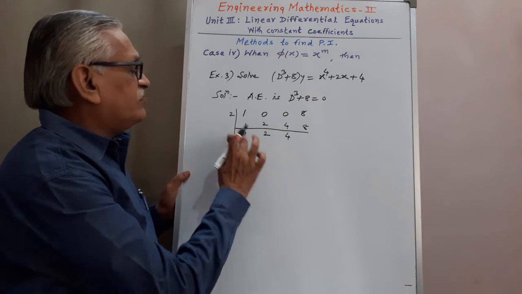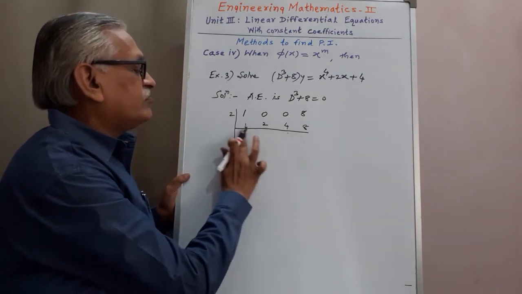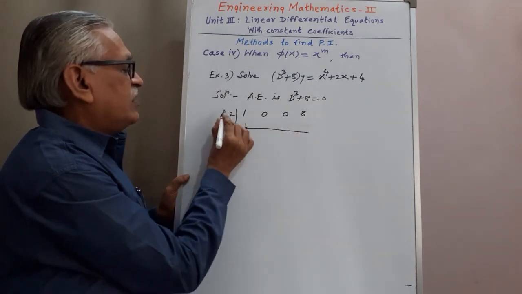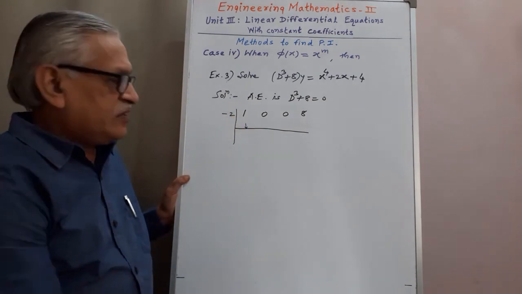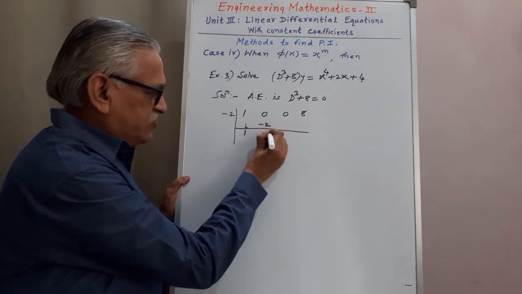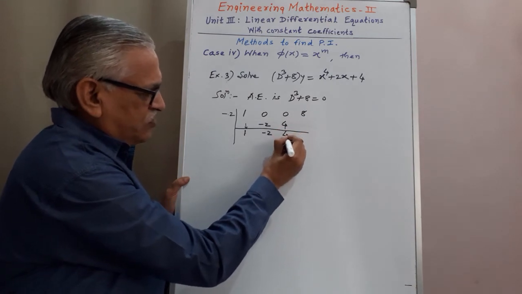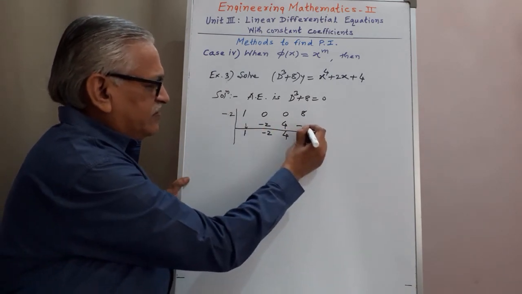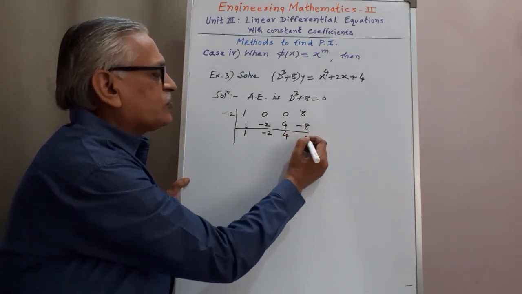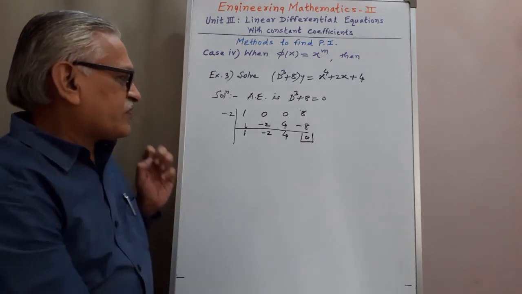Okay. Then we check for minus 2. 1 as it is, product of this 2 is minus 2, sum is minus 2, product of this 2 is plus 4, sum is 4, 4 into minus 2, minus 8, and the last sum is here 0, and therefore first root is minus 2.